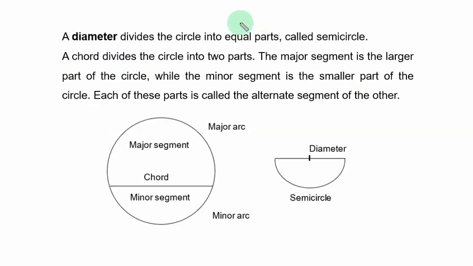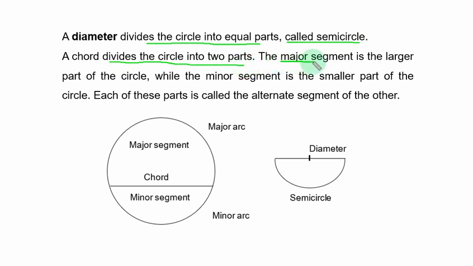A diameter divides the circle into equal parts, precisely two equal parts, called semicircle. A chord divides the circle into two parts, not necessarily equal, but we have two parts.